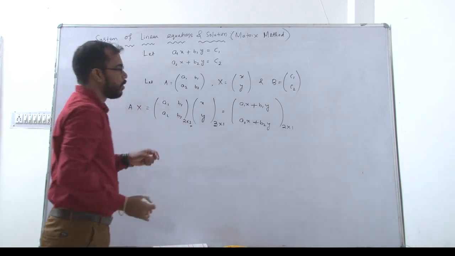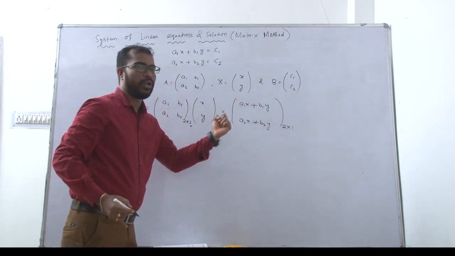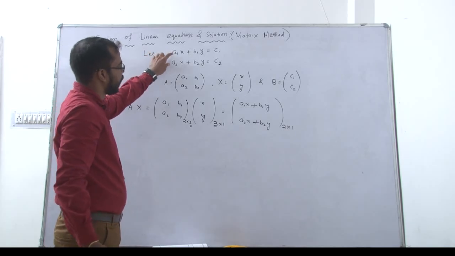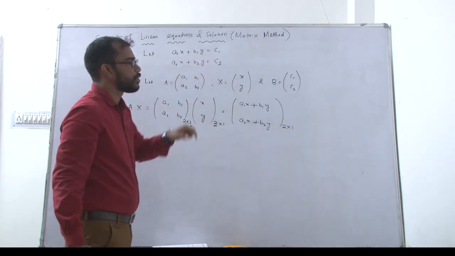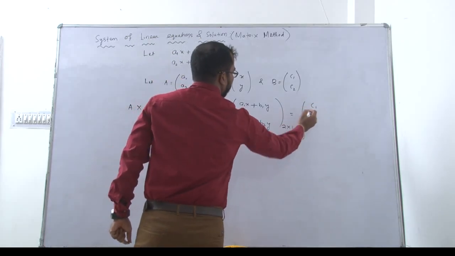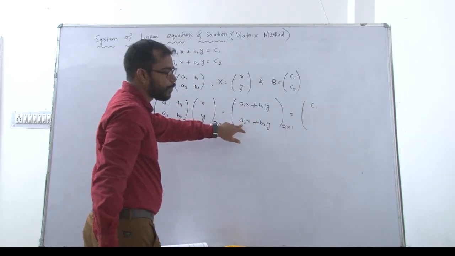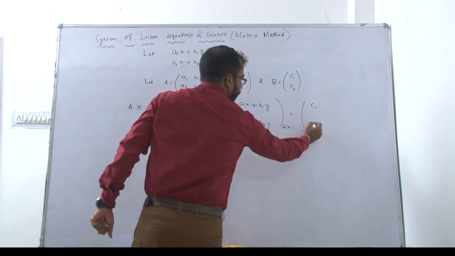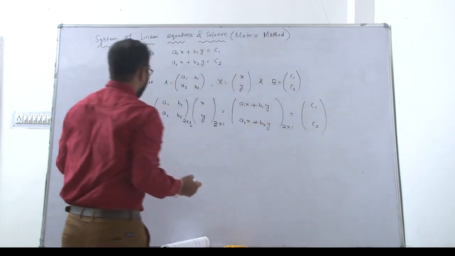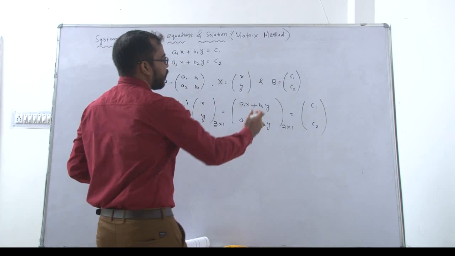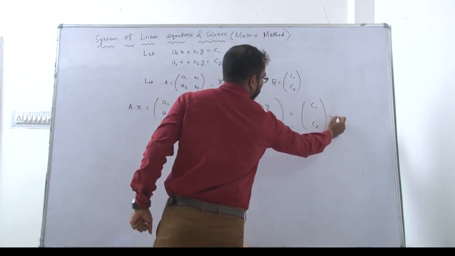As you see in the first equation, a1x plus b1y is equal to c1, and a2x plus b2y is equal to c2. So here we get the matrix c1 c2.